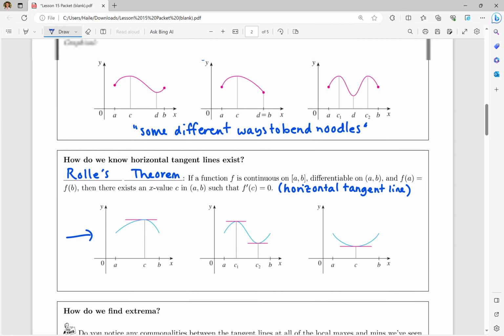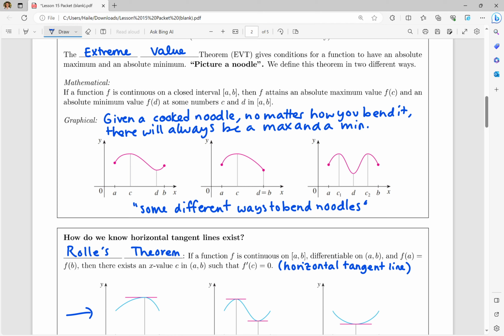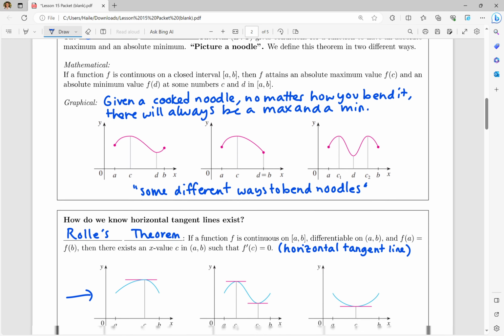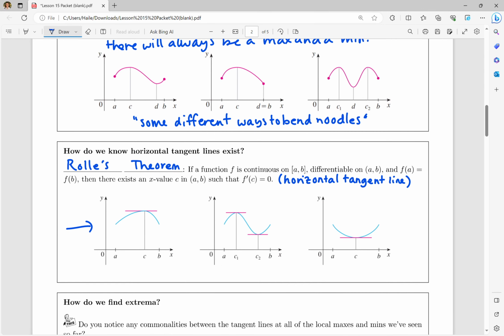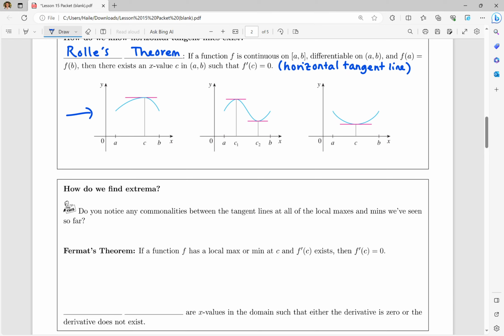So let's go back and just recap. The extreme value theorem said that we had maxes and mins. It didn't say that we had a derivative of any kind. Whereas Rolle's theorem specifically talked about the derivative and not maxes and mins. What's interesting though is if you look at these pictures of Rolle's theorem, you might notice that these horizontal tangent lines always occur at a max or a min.